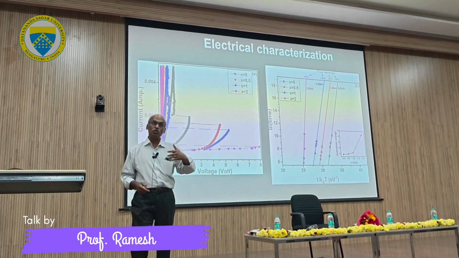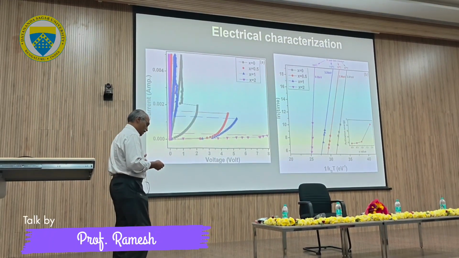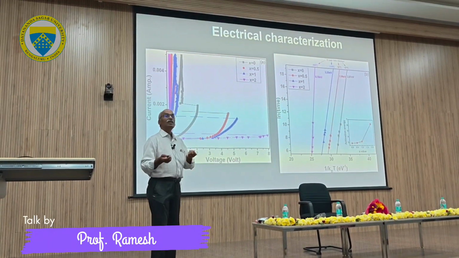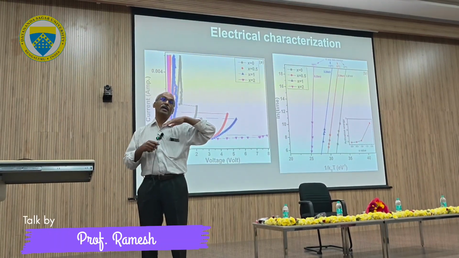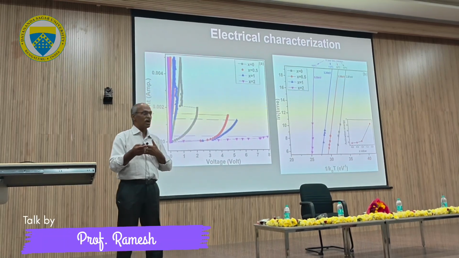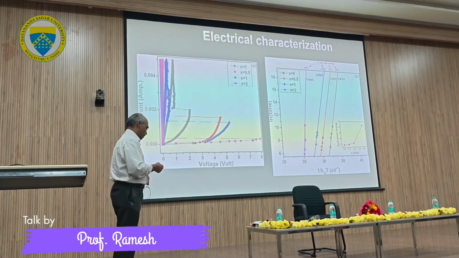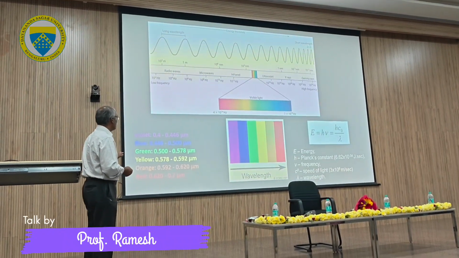So the power required to switch is very low. Also the data retention, how long you can store, how many times you can write and read, the endurance. Many of the properties are important, so it is showing very promising results. So I'll close it.